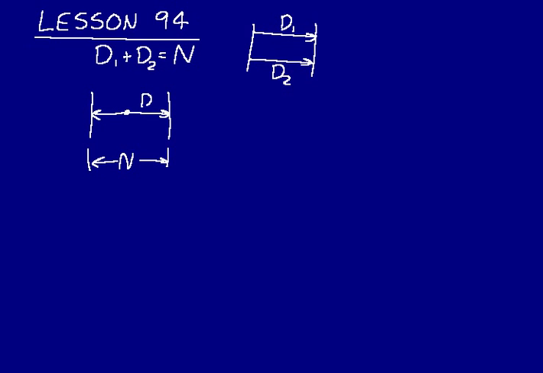And so this one was D1 and this one was D2. Maybe it's like that, or maybe it's like this, where they both start at opposite ends and they meet together in the middle. And so that's D1 and D2. So that's another way that we might see that problem.